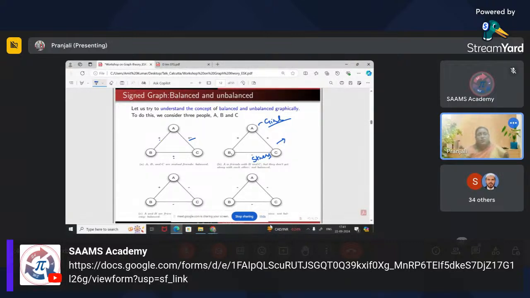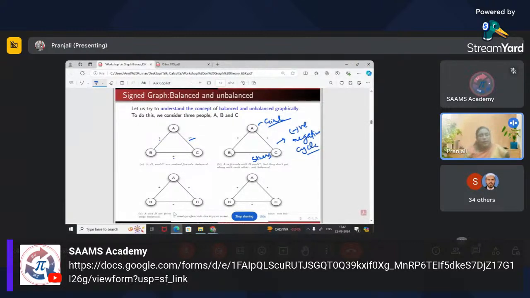If such a structure is present in a signed graph, then definitely that would not be balanced, because the product of the signs plus, plus and minus will be minus, negative. So this is nothing but a negative cycle.